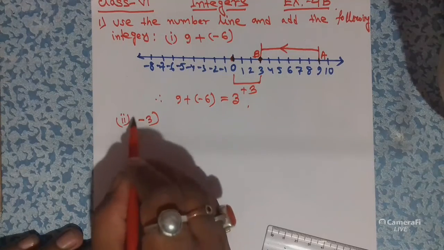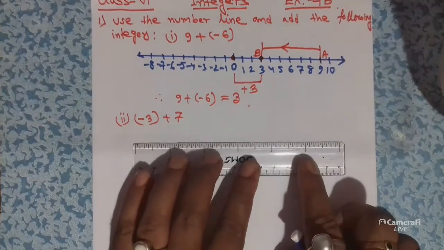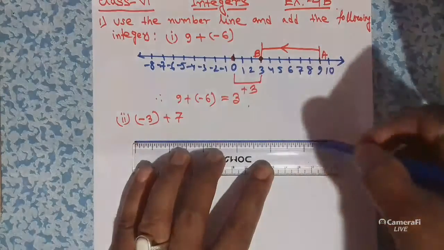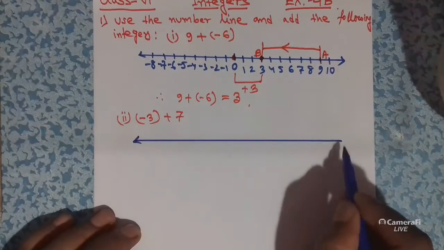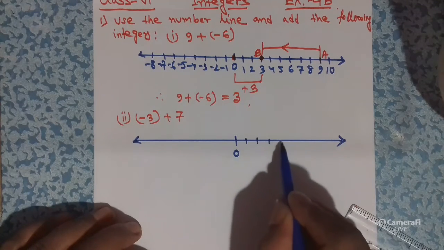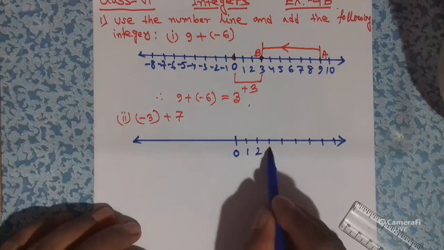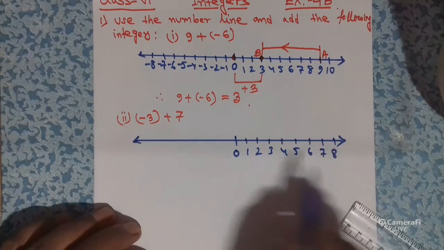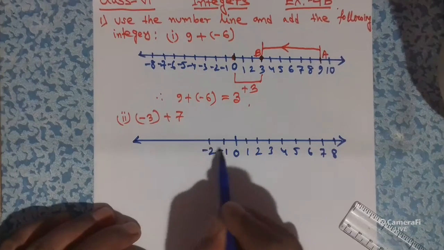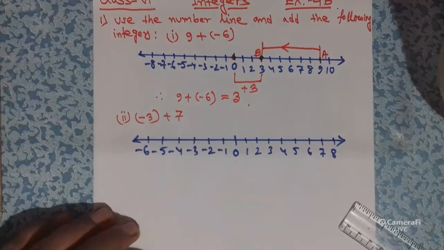Minus 3 plus 7. So at first we have to draw the number line. 1, 2, 3, 4, 5, 6, 7, 8 and here minus 1, minus 2, minus 3, minus 4, minus 5, minus 6.